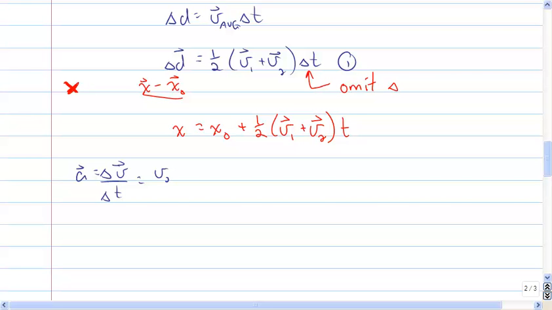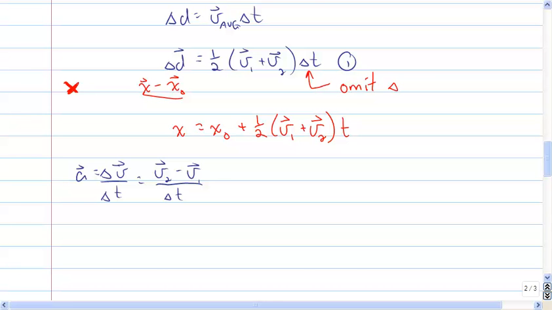I'm going to have v2 minus v1 all over delta t. So if I want to rearrange this, say I start with an initial velocity v1, how soon will I get to v2, or how will v2 change over time, or how will the velocity change?